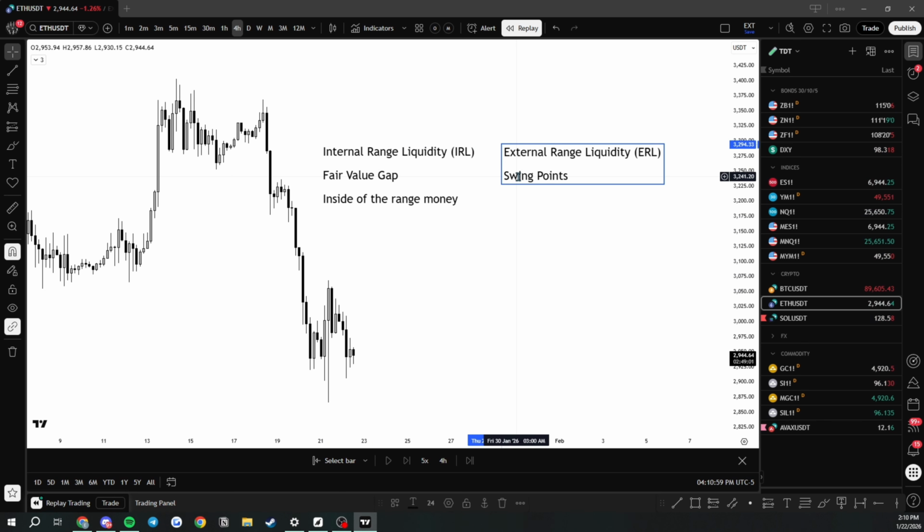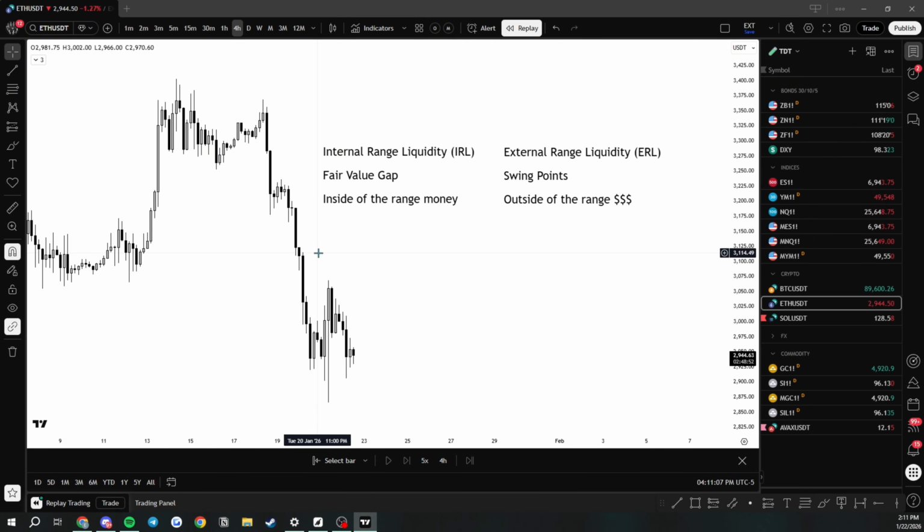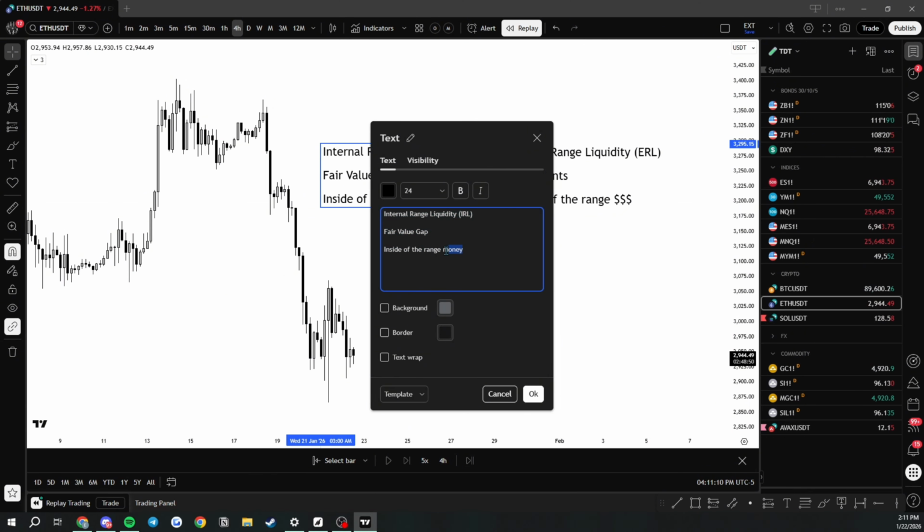External range liquidity would be outside of the range money. We'll just put dollar signs because that's usually how people annotate liquidity. So we're just breaking down the word.